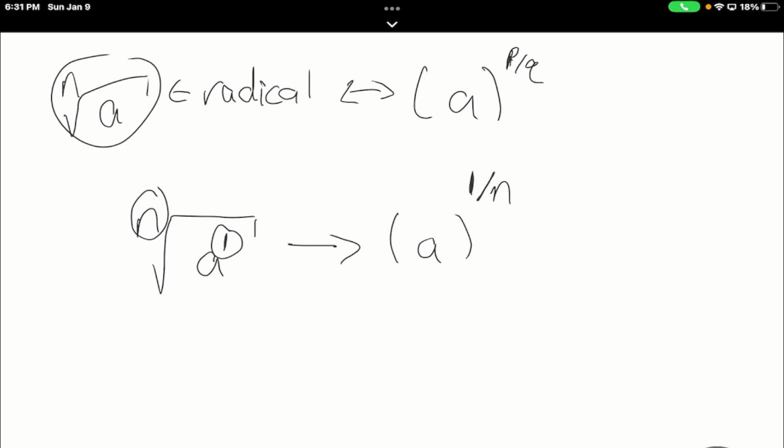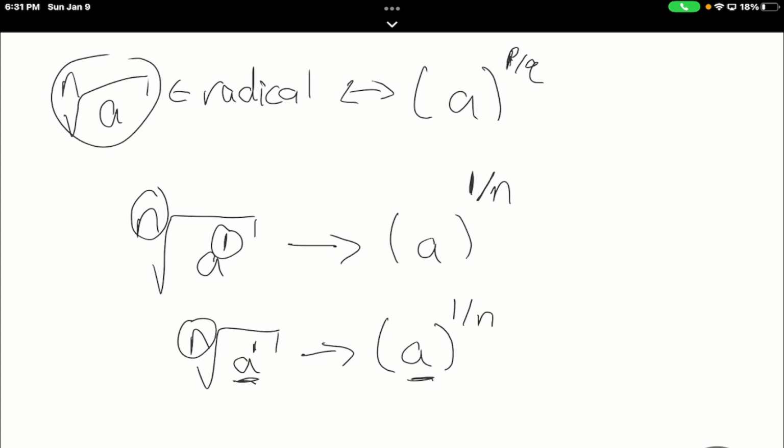So the way I translate any general nth root of an expression that doesn't have a power is I just put the radicand, A, inside the parentheses, and I raise it to the power of A, which is 1, divided by the index of my radical. That is basically what the section is: taking a radical expression and translating it into its rational power form.